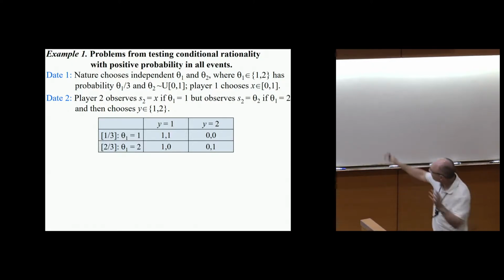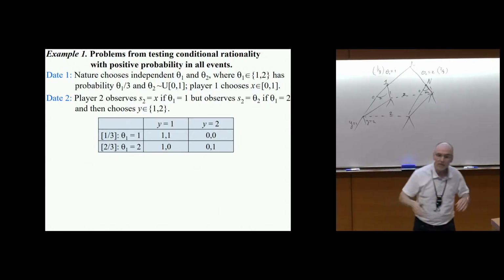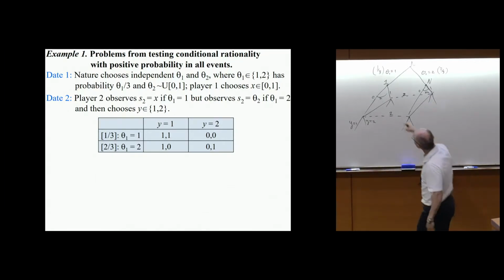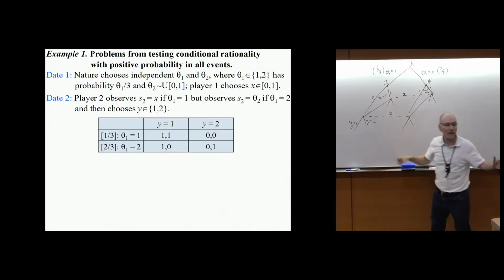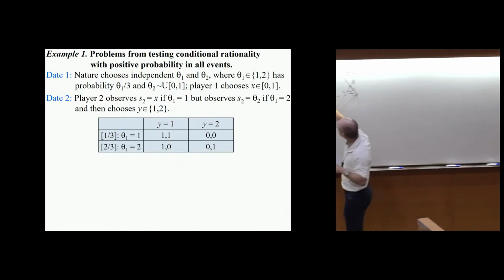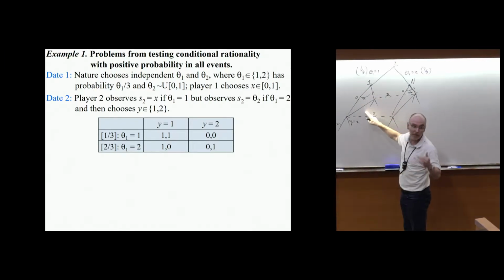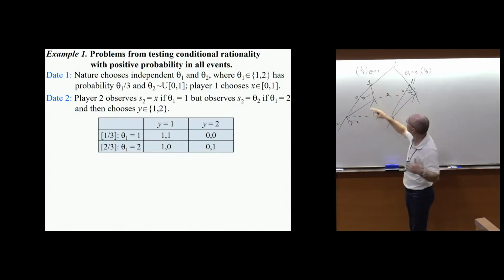And there are plenty of fine equilibria like that, a continuum of them, though there are others. So for example, player 1 could, with probability 1, choose x equals a half. Let's just talk about that one. If player 1, whenever he gets to move, chooses x equals a half, then x equals a half has positive probability, and that happens with probability a third.